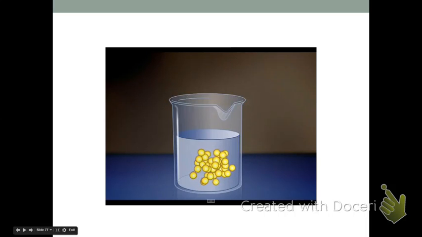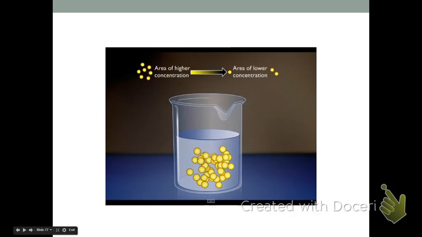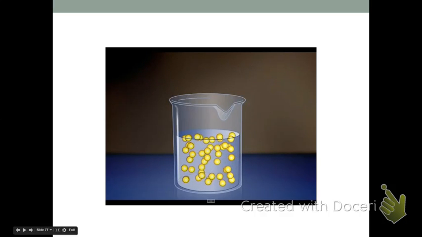This type of motion, when molecules move from areas of their higher concentration to areas of their lower concentration, is called diffusion. Diffusion continues until all the sugar molecules become evenly dispersed throughout the beaker. The rate of diffusion is affected by temperature, size of molecules, and the steepness of the concentration gradient. Although not specifically shown in this animation, this is one of the processes whereby materials are exchanged between a cell and its environment.